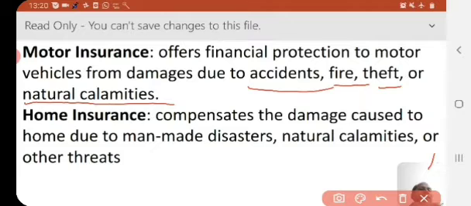The value at the time of theft is assessed by the team of the insurance company, and is paid to the insured. Then natural calamities. If anything is damaged to the vehicles due to natural calamities, that will be paid by the insurance company.